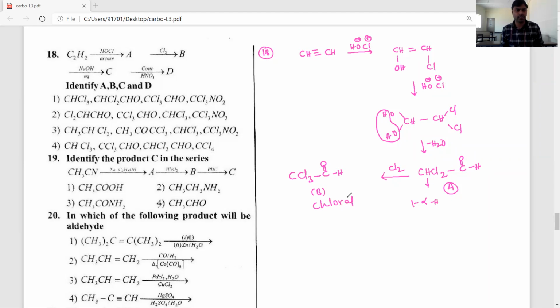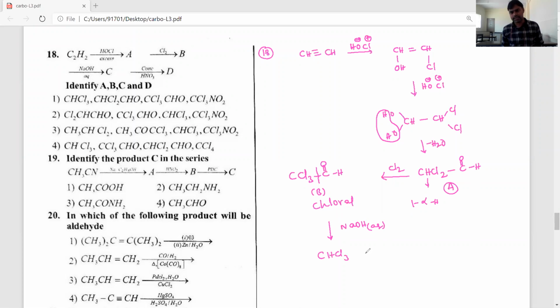This chloral is further treated with aqueous NaOH. It undergoes hydrolysis to produce chloroform, the product of the haloform test.